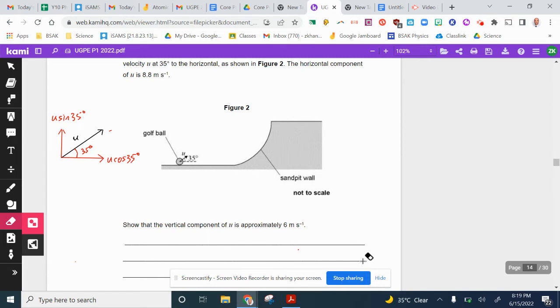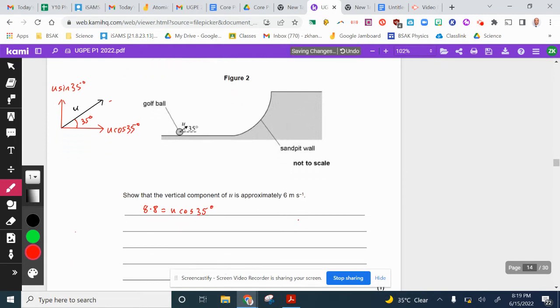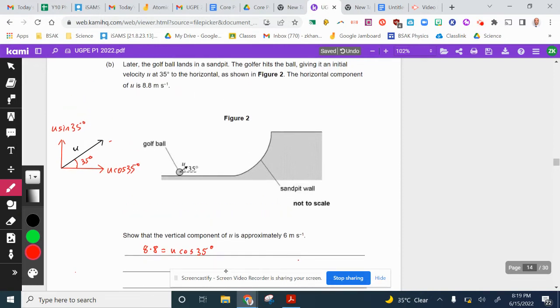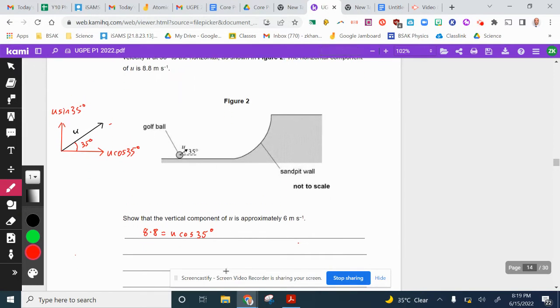So what you could do is write down the following: 8.8 is equal to the horizontal component, which is u cos 35 degrees. And then we can write an expression that we want to find. So we can find u, which is 8.8 divided by cos 35 degrees.